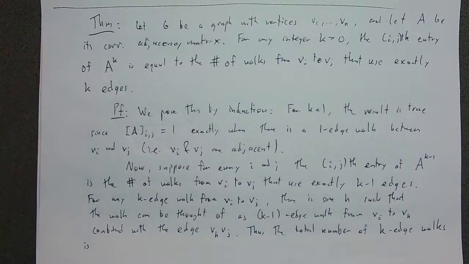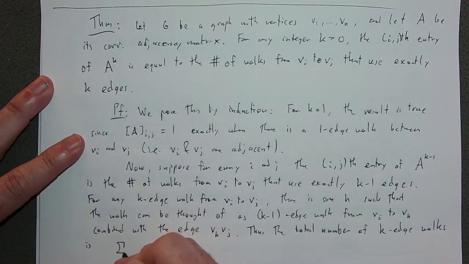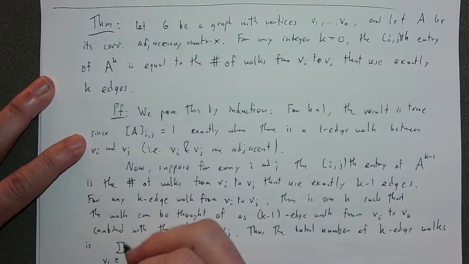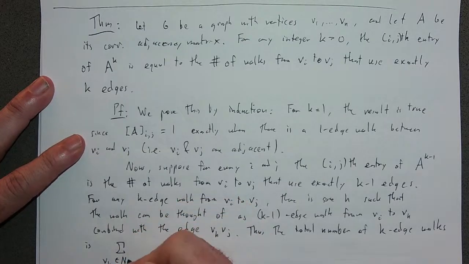So the total number of k-edge walks is going to be the sum over the vertices V sub h in the neighborhood of V sub j, the open neighborhood, so it doesn't contain V sub j itself, of the number of k minus 1 edge walks from Vi to Vh.